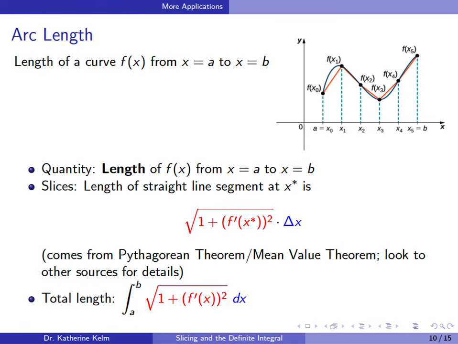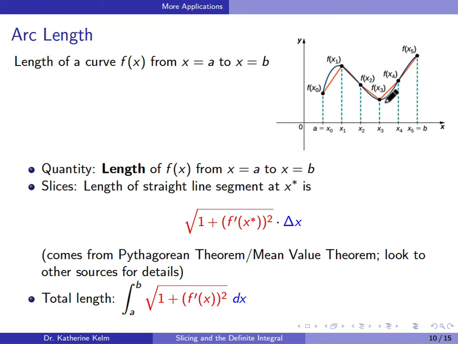First, we start with arc length. Our goal is to find the length of a curve f of x from x equals a to x equals b. One way to tackle this problem is to subdivide the interval from a to b into subintervals, and for each subinterval, draw a line segment from the point on the curve at the beginning to the point on the curve at the end, and add up all of these straight line segments, which we can do using the distance formula, otherwise known as the Pythagorean theorem.